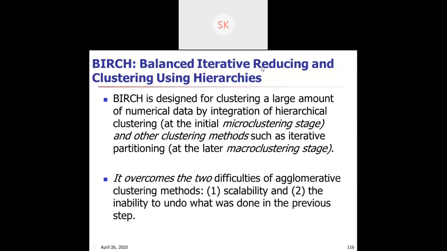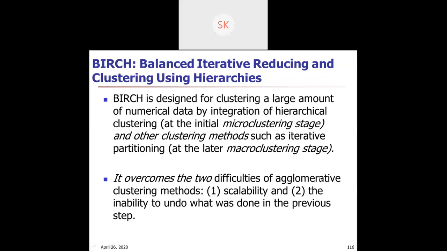BIRCH is designed for clustering a large amount of numerical data by integration of hierarchical clustering at the initial microclustering stage, and then other clustering methods such as iterative partitioning at the latter, macroclustering stage, to further refine.